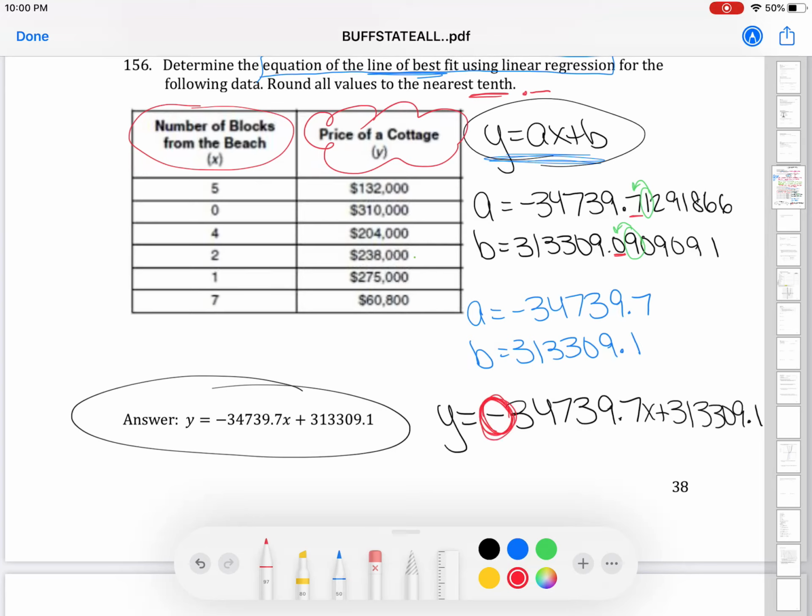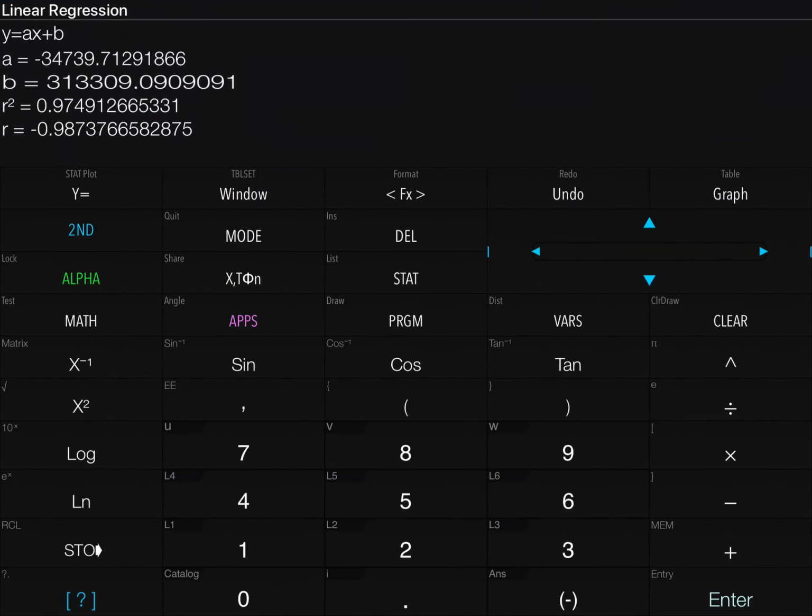So it makes sense for the price of the cottage to decrease, giving a negative slope for this scenario. Because the further you are from the beach, typically the less value your cottage has. If you're right up on the beach, along the water, it's more expensive, whereas if you're further away, it might be less expensive. It's going down as the number of blocks from the beach increases.